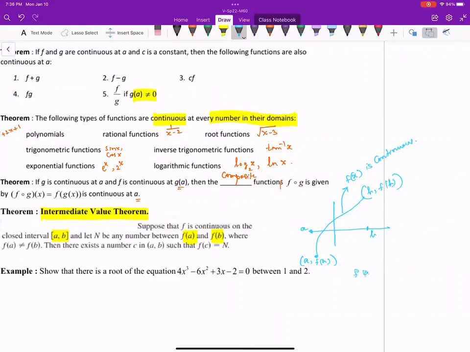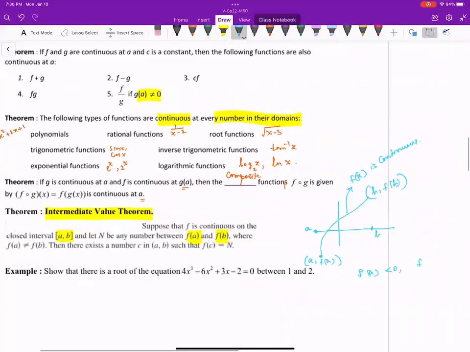You notice that f(a), the y coordinate at a, is negative, and the y coordinate at b is positive. Because it is continuous, the function should go from negative to positive only through the value 0. That means there is at least one point c, between a and b, at which there is a root, where the function becomes 0.